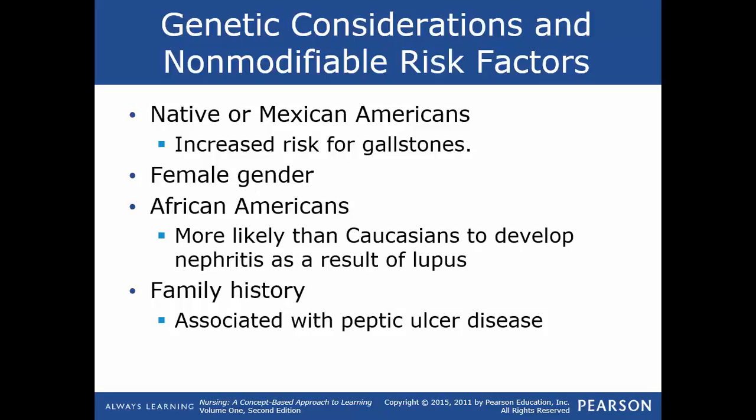And then family history is associated with peptic ulcer disease. Also, diet is a modifiable risk factor, and there are some other modifiable risk factors that are typically involved that can cause peptic ulcer disease.